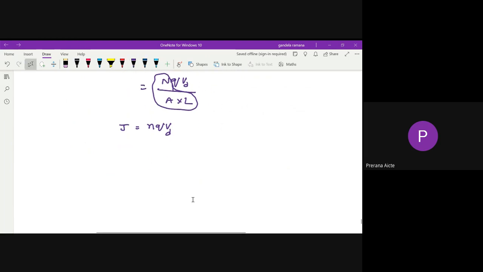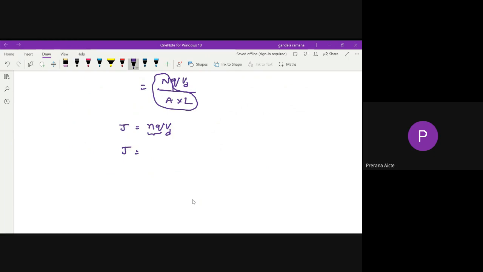So J is equal to, what is NQ? We call it charge density, rho. So J is rho Vd, that is NQ Vd.